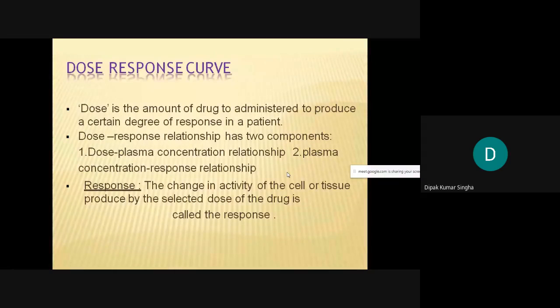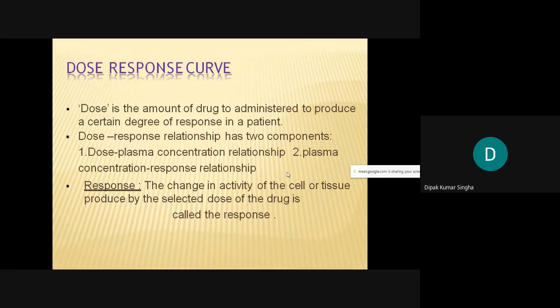Suppose you take some drugs but the dose is not proper, so the response will not come. That does not prove that the drug has no action; the drug has action, but the dose is improper. That's why the drug response will not come.